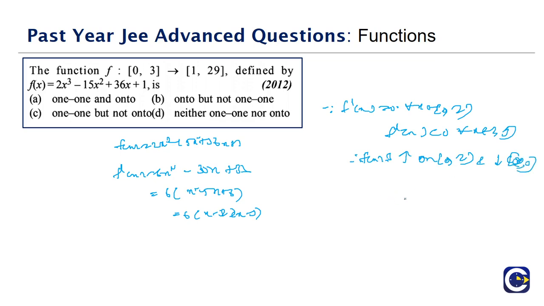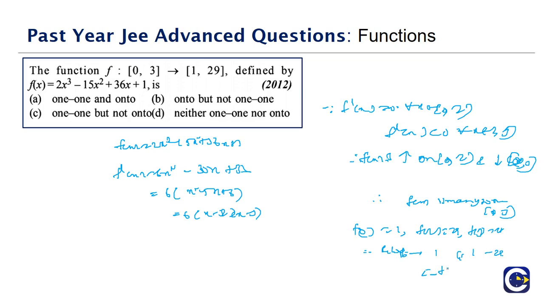So therefore f of x is many to 1 on [0, 3]. So f of 0 is equal to 1, f of 2 is equal to 29, f of 3 is equal to 28. So therefore global minimum is nothing but 1, global maximum is nothing but 29.